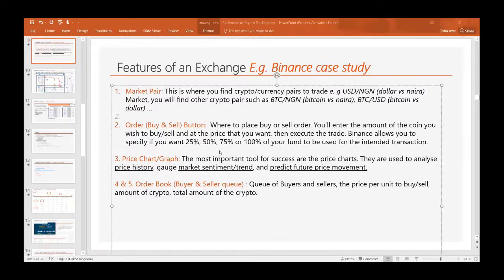Okay. So I was saying on order pair, there are 3 things. Imagine you want to buy dollar. Number 1 is how much do you want to buy dollar for? Let's say they sell dollar for 484 naira, that is $1 equals 484 naira. The question you should ask yourself is, do you want to buy it at that rate or wait for dollar to come down?